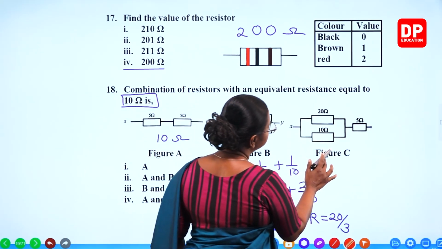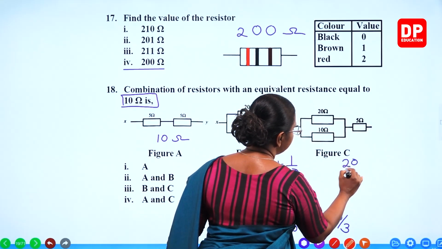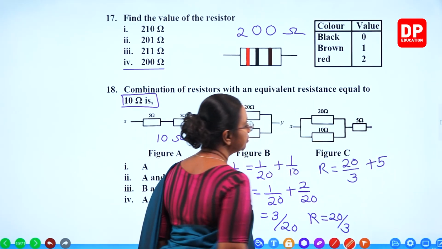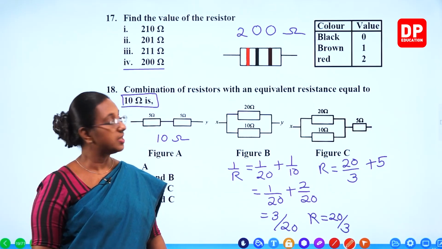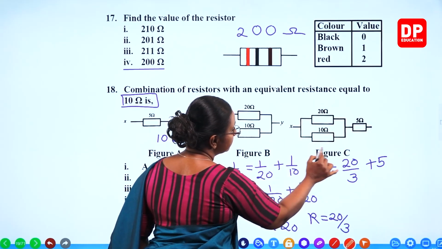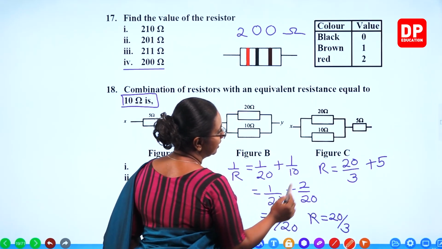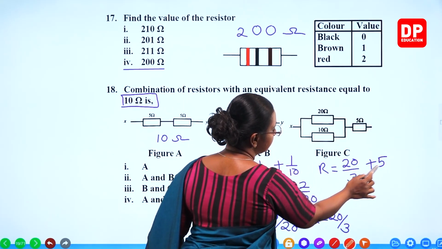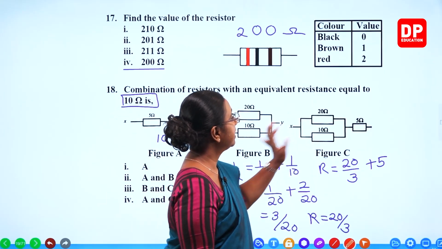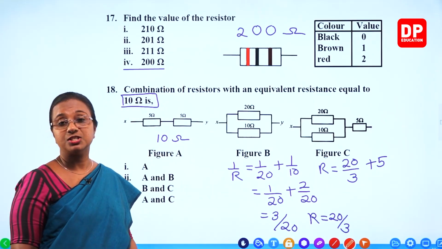Then look at this one. Again 20 and 10 ohm. The resistance is 20 by 3. And 5 ohm. So that is also not going to be equal to 10 ohms. Because this part is same as this. So the equivalent resistance of this component is same as this 20 by 3. Then the 5 ohm resistor is in series to that. So 20 by 3 plus 5. That is not equal to 10. So it's only the first combination.